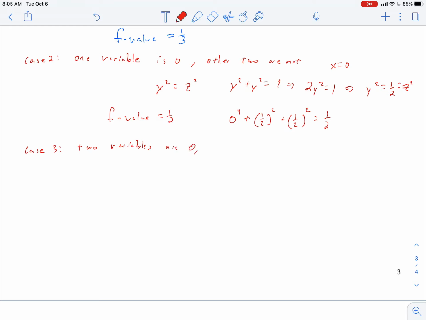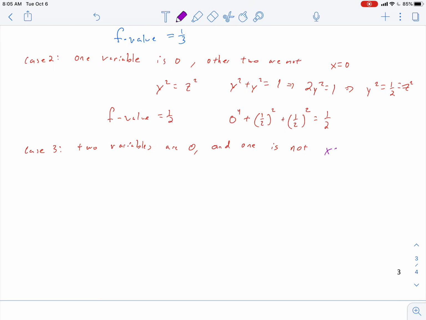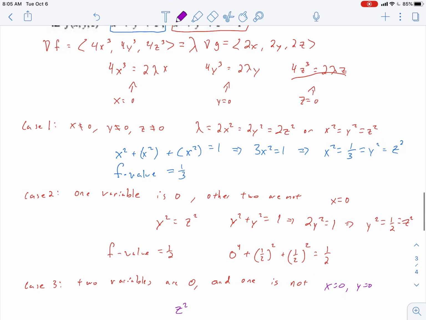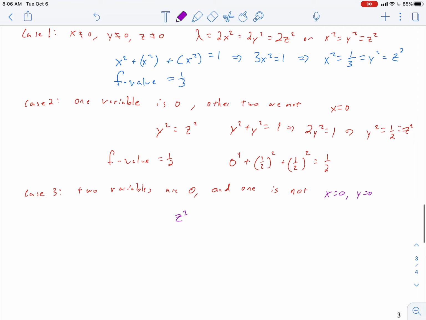So say we made x equals 0 and y equals 0. That means all that's left is z squared. So it would be 0 squared plus 0 squared plus z squared, so z squared equals 1.